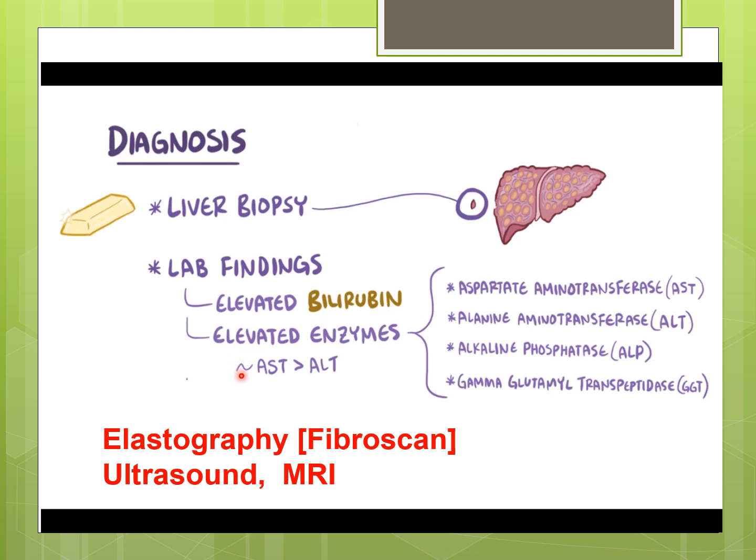An important thing to note is that in cirrhosis, AST is greater than ALT. In active disease, in the beginning, acute and chronic hepatitis, ALT is more than AST, but here AST is greater than ALT. Then of course we can do radiological studies like fibroscans and elastography for confirmation.